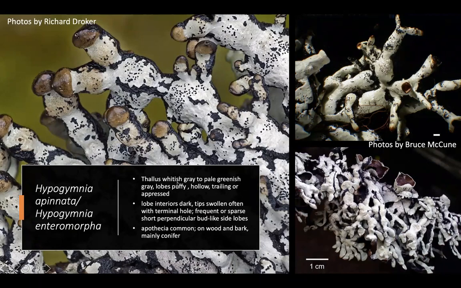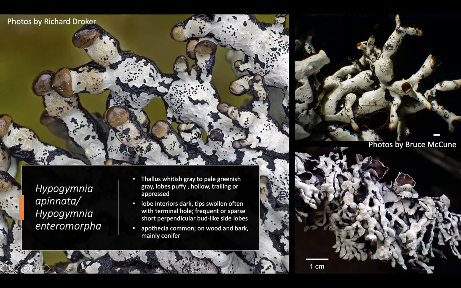The thallus is whitish gray to pale gray on top. The lobes again are puffy, hollow, and trailing or appressed. Here you can see the trailing growth form. Sometimes it can be even flatter. The lobe interiors are dark. The tips are often swollen with a terminal hole. This picture nicely shows this tiny terminal hole right in the tip. See that? And you can see it here.